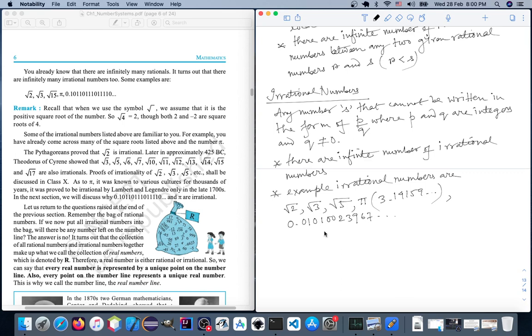Now, you can see the textbook says also root 7, root 10, root 11, root 12 like this.